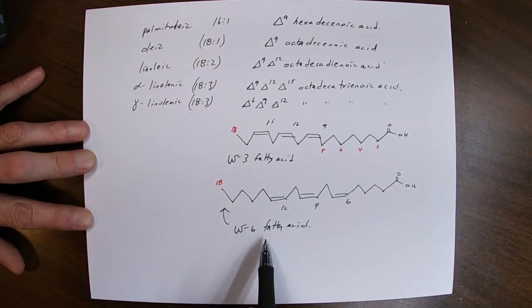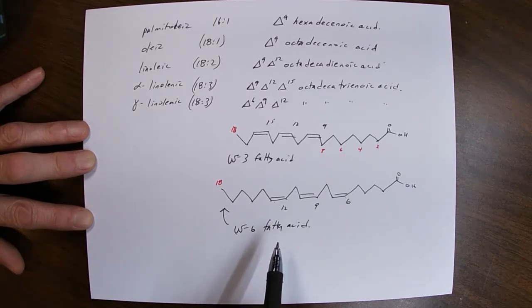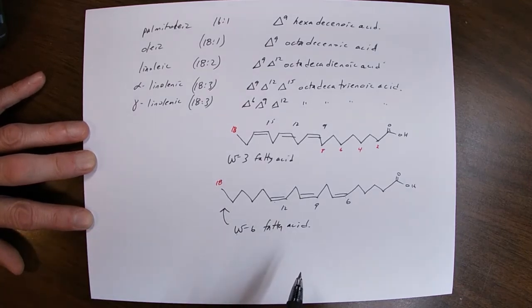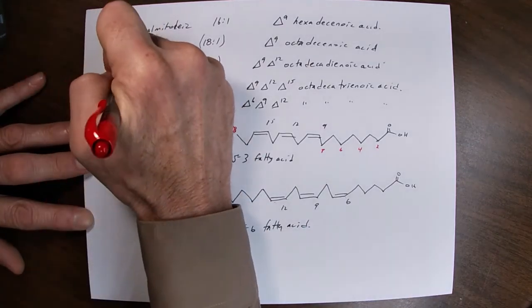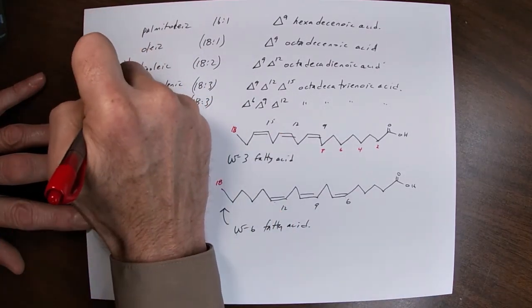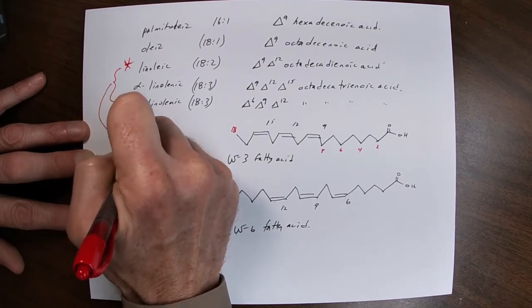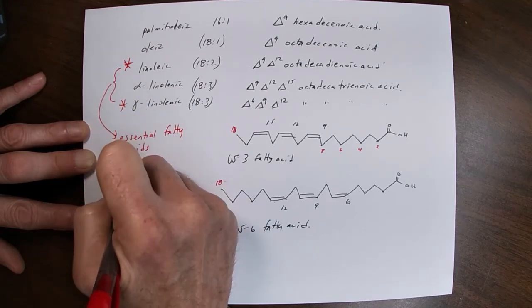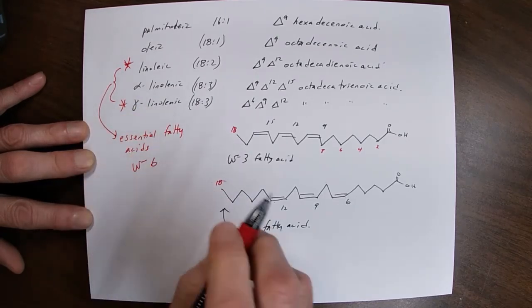And you hear a lot about omega-3 fatty acids being healthy, okay, but you very rarely hear anything about omega-6s. In fact, it's the omega-6 fatty acids that are essential fatty acids. We cannot make these. We must get these in our diet. So a total fat-free diet is really not that wise. So again, your linoleic and your gamma linolenic, these are your essential fatty acids, and these are your omega-6 fatty acids.